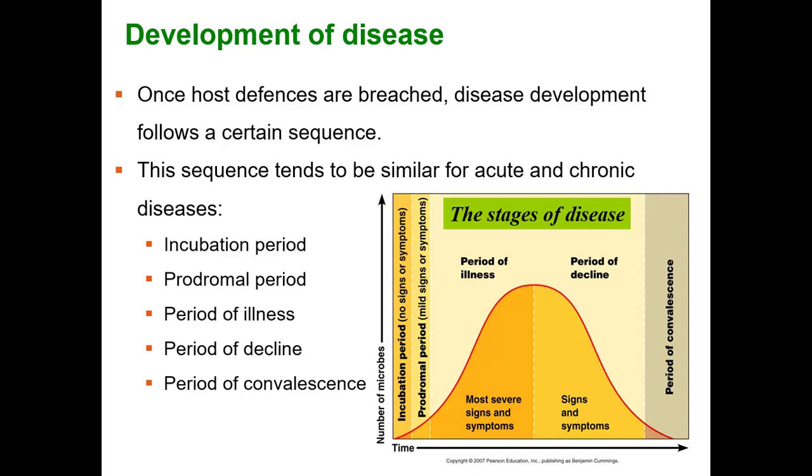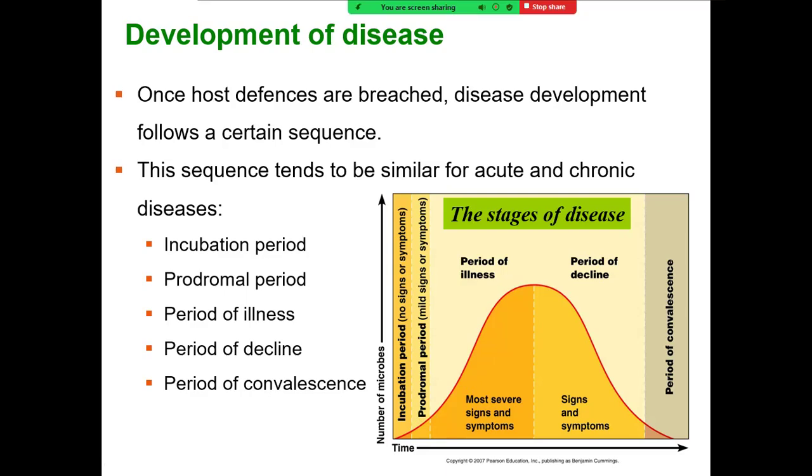When I'm first getting the flu, sometimes that happens. And there is no prodromal period for that case of the flu. I go from the incubation period to the period of illness. Has anyone ever had that where you're fine and then one moment it feels like somebody hits you over the head with a sledgehammer? Yeah, like I said, that's something that happens with the flu.